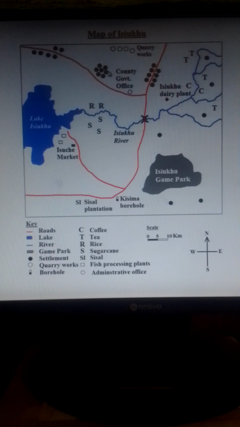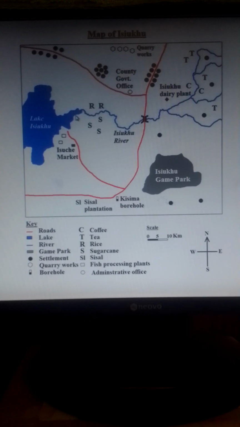Next, let's look at how we can identify economic activities on a map. Fishing. How do you identify fishing on a map? What indicates fishing activity on the map? Now fishing is indicated by fishing processing plants.